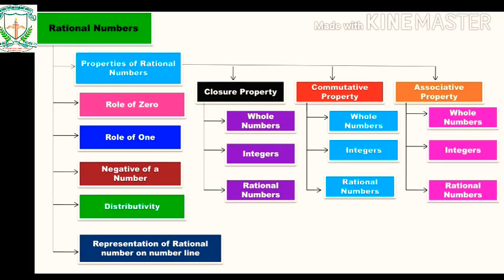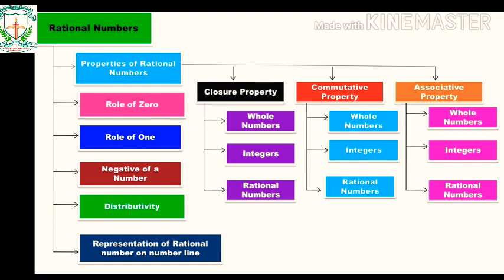The first property is closure property for whole numbers, integers and rational numbers. The second one is commutative property for whole numbers, integers and rational numbers. The third one is associative property for whole numbers, integers and rational numbers.